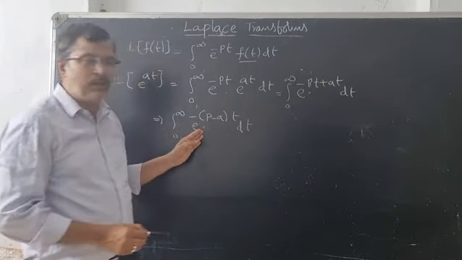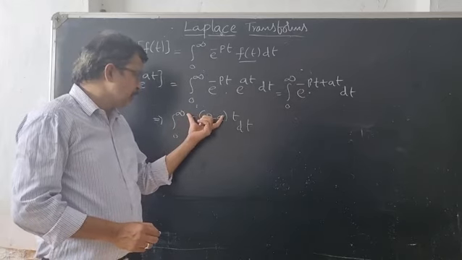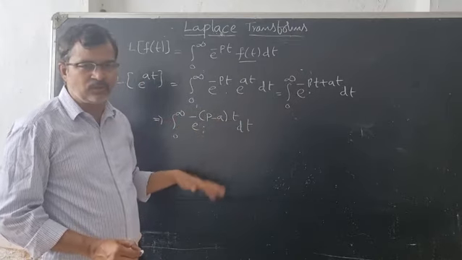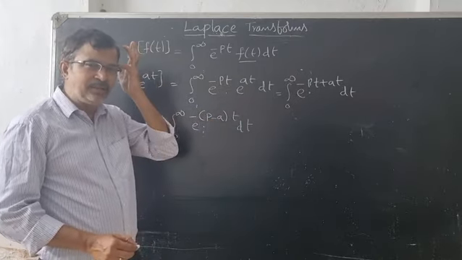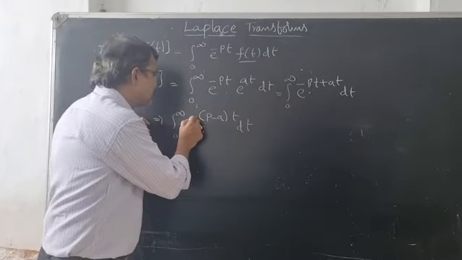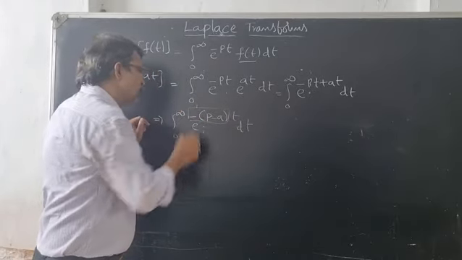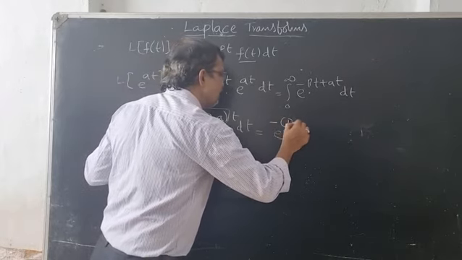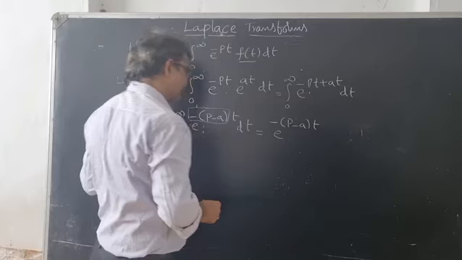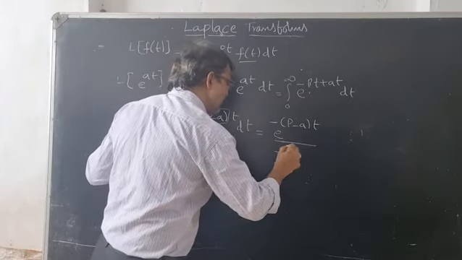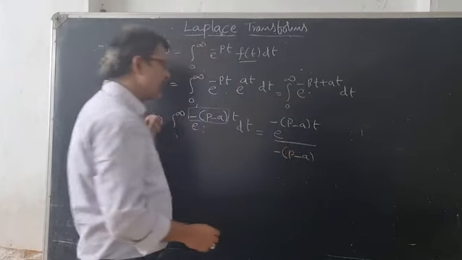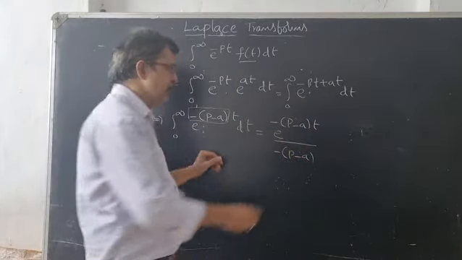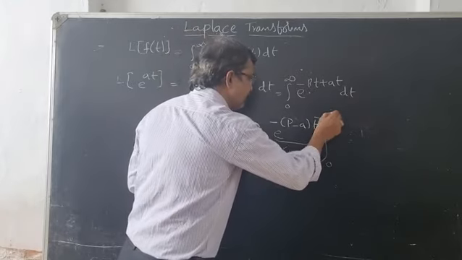This is the same formula: the integral of e^(ax) dx is equal to e^(ax) by a. Here this is the a, the function. By the formula, e^(-(p - a)t) by -(p - a), and the limits are 0 to infinity.